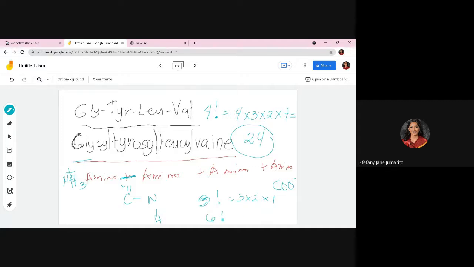If we have 6 amino acids, how many isomers? 6 times 5 is 30, times 4 is 120, times 3 is 360, times 2 is 720. Yes, there will be 720 isomers.